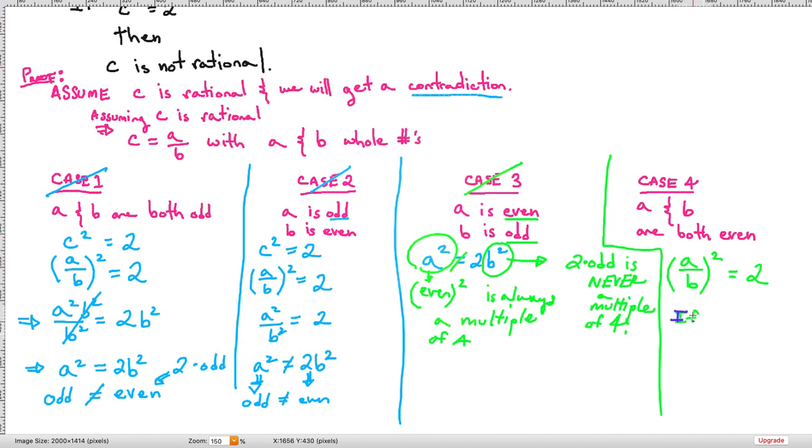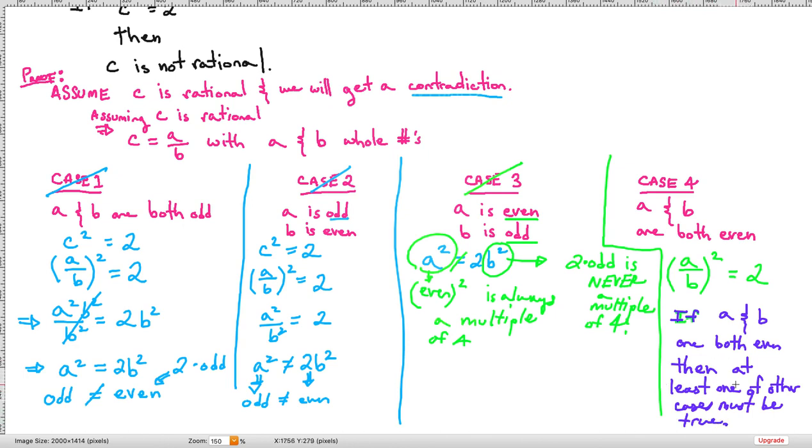Let's write: if A and B are both even with A over B squared equaling 2, if case 4 is true, then at least one of the other cases must be true.